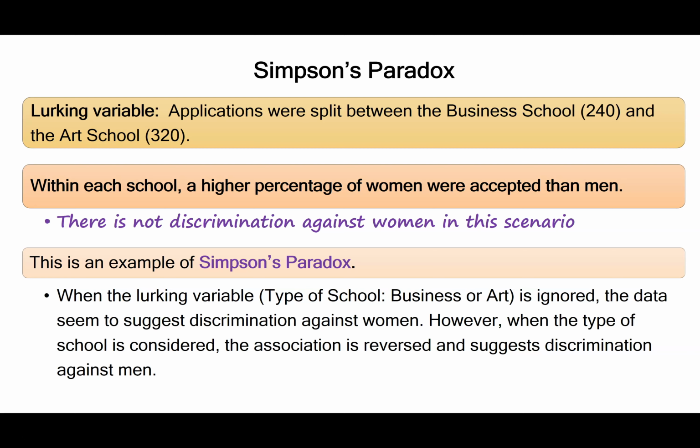When you ignore the second variable, like which college, business or art, the data suggests that women are accepted at a lower rate. However, when you do include it, it reverses the trend. You actually see a higher percentage of women accepted in both schools. It's really interesting because when you include the type of school, that association is totally reversed.